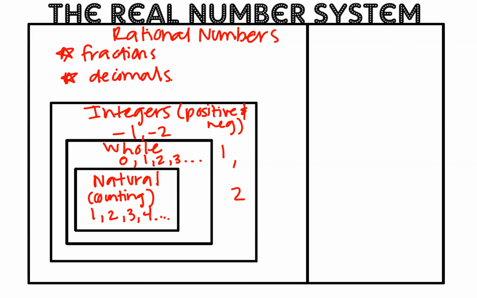So for example, we have 4.5, -1.5. We can have 1.23 repeating.